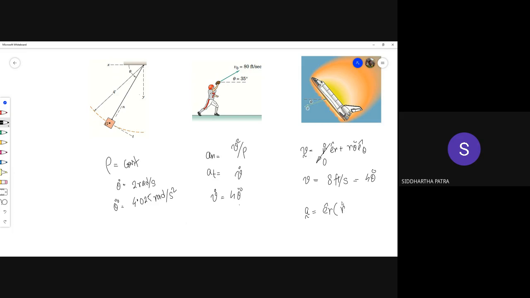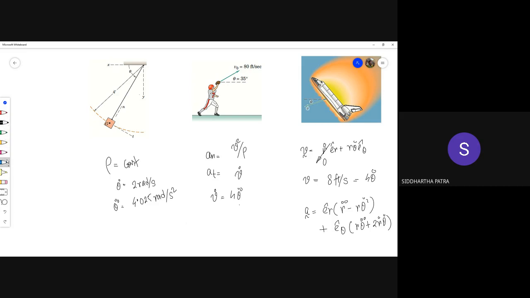So you have this expression, first of all, r double dot minus r theta dot squared, and then e theta is your r theta double dot, and then there is twice r dot theta dot.